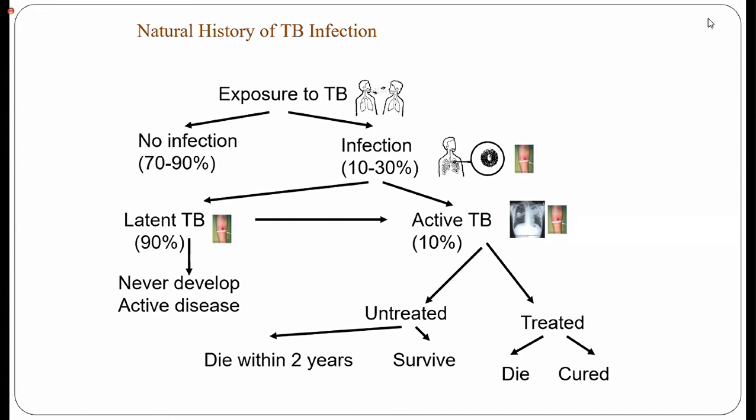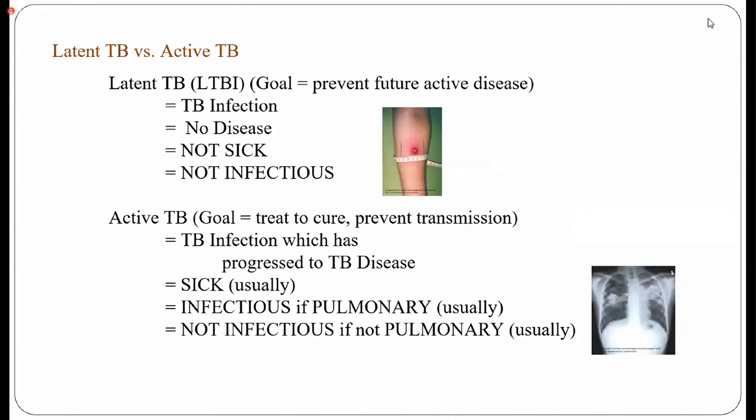So later on, when you practice, you will ensure that you screen for latent TB. Latent TB is a TB infection, no disease, not sick, not infectious, but they carry the microorganism.